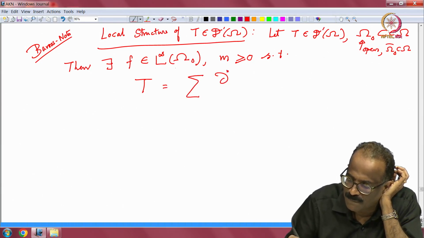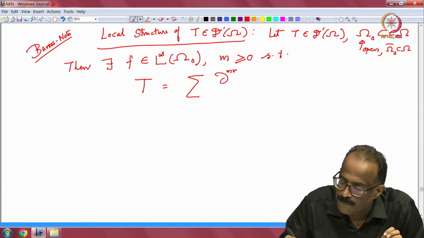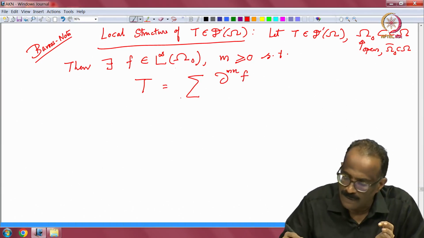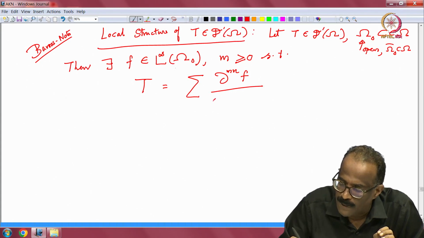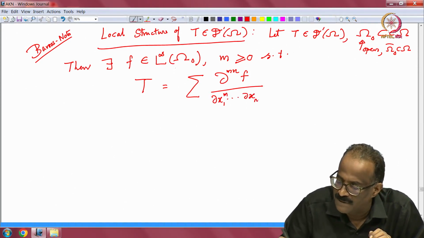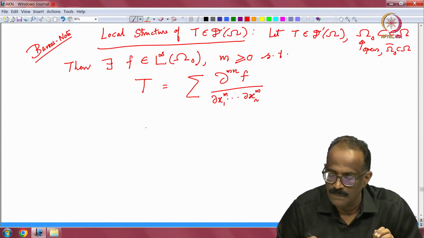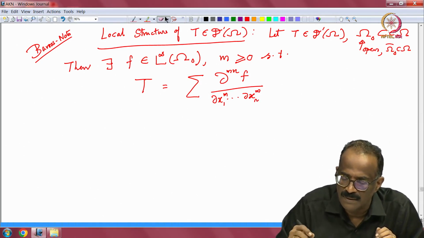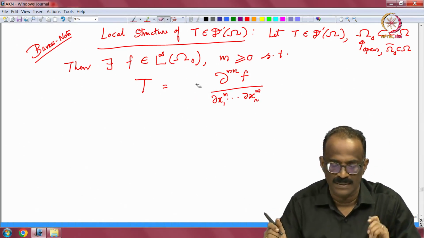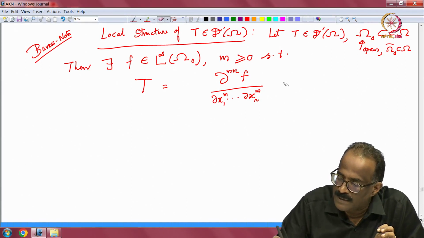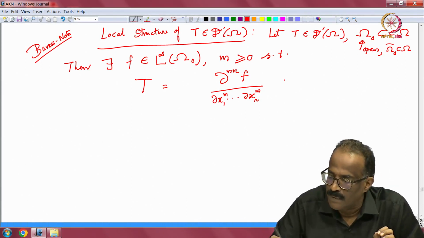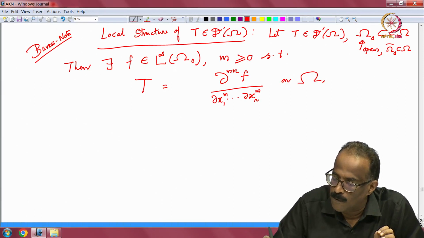We do not know m; you can write it maybe in different ways, like d x1 power m1 and so on. Not necessarily even a summation, I think this is not necessary. On omega naught, T is some derivative of f. Okay.